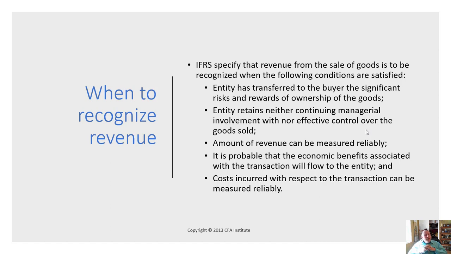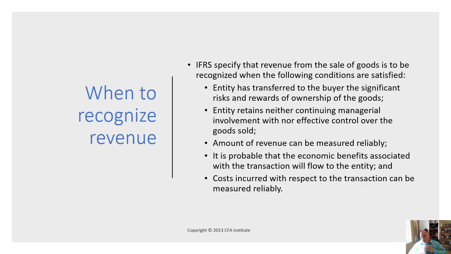Does the firm relinquish all of its rights to that? The entity has no continuing managerial involvement and no effective control over the goods sold. Once they lose that control, and can do nothing with it, that's the point in time when the sale can be recognized.